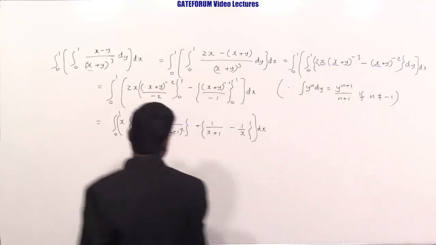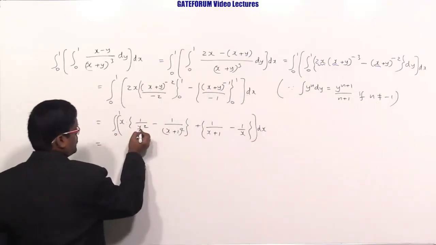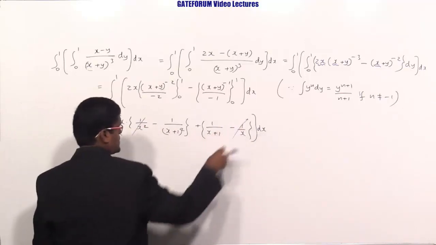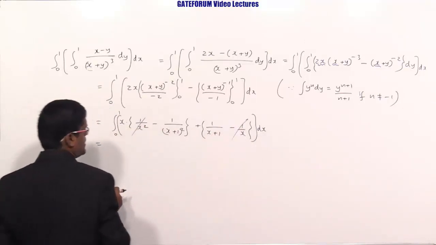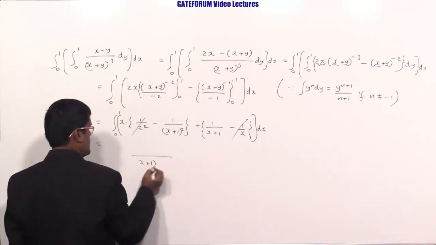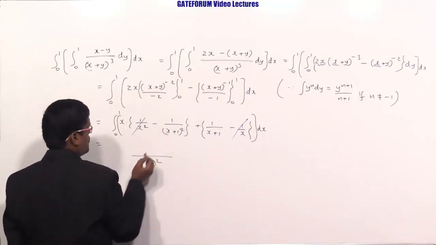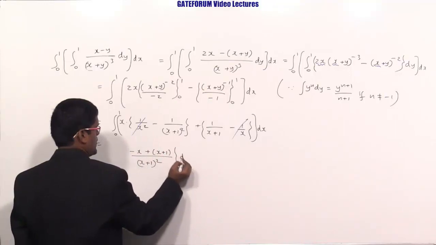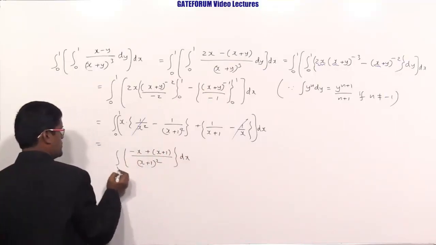Now x into 1 by x square simplifies to 1 by x, minus 1 by x cancels. So those terms cancelled, and the remaining, if I take LCM, (x plus 1) whole square, this simplifies to minus x, and that simplifies to x plus 1, dx integral 0 to 1.